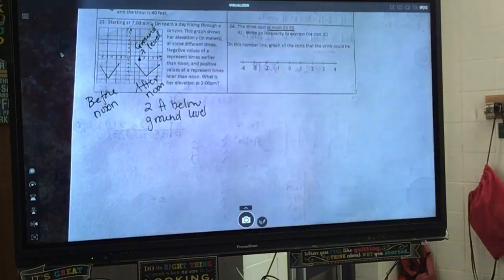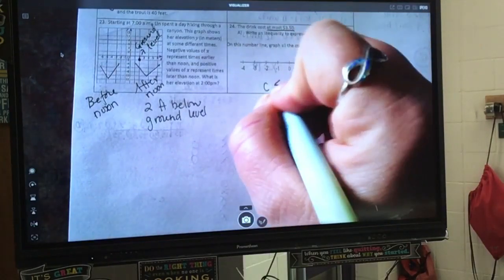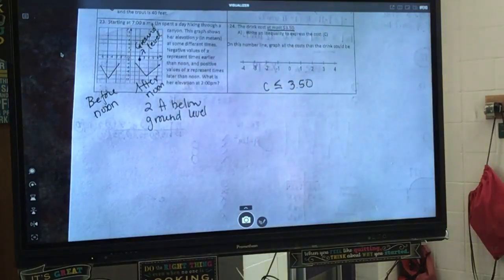So the most it's going to cost you to buy a drink wherever is how much? So are you gonna have to spend more than that? Can you spend that? Can you spend less than that? Alright, so it should be C is less than or equal to 3.50.